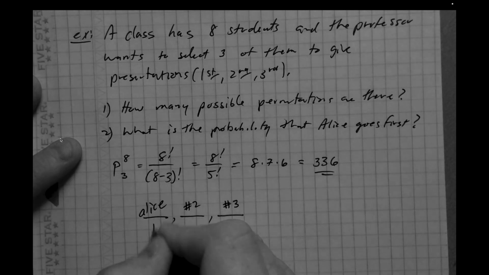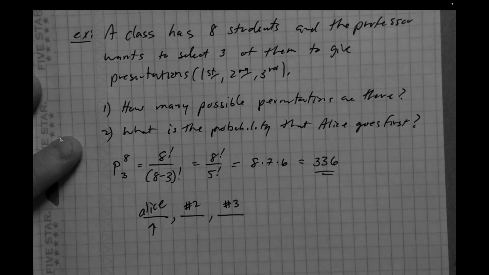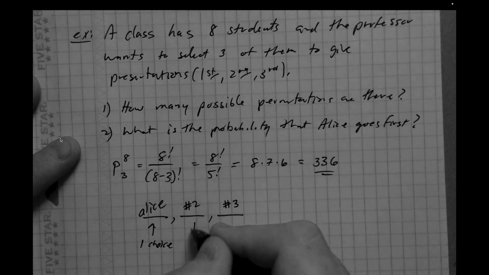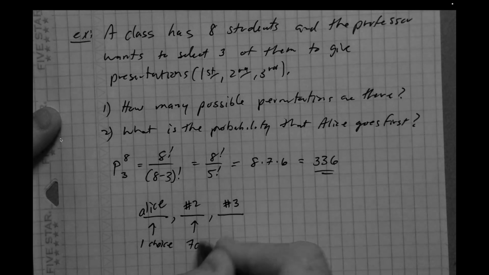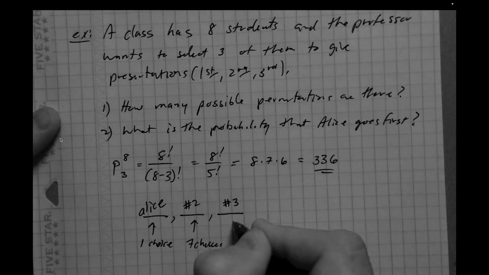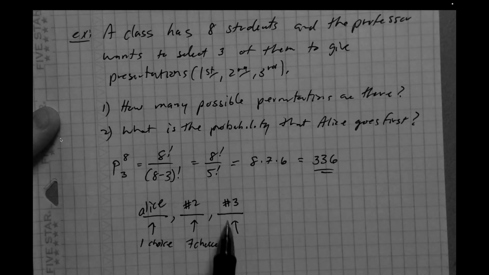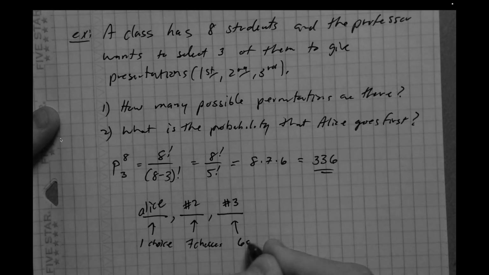And so how many choices are there to put Alice first? Well, there's just one way that can happen, one choice. What about the remaining 7 people? They're not Alice. There's only 7 other people, and none of them are Alice. So there's 7 choices here. And then that person gets chosen. How many choices are there here? 6, right?